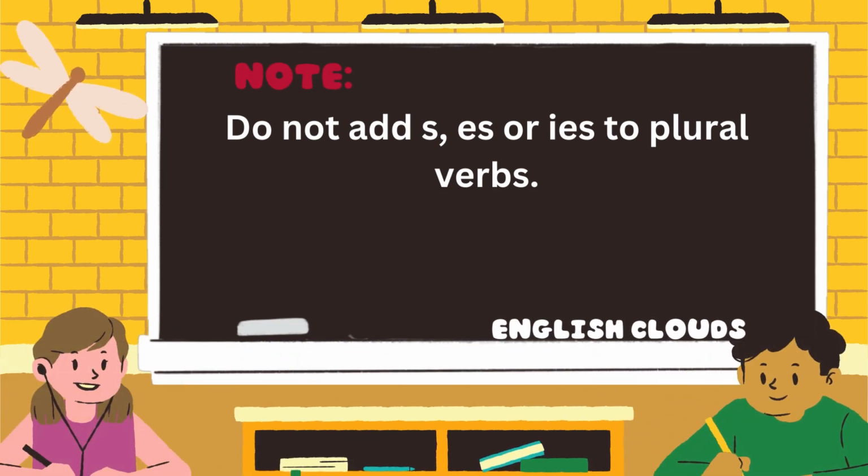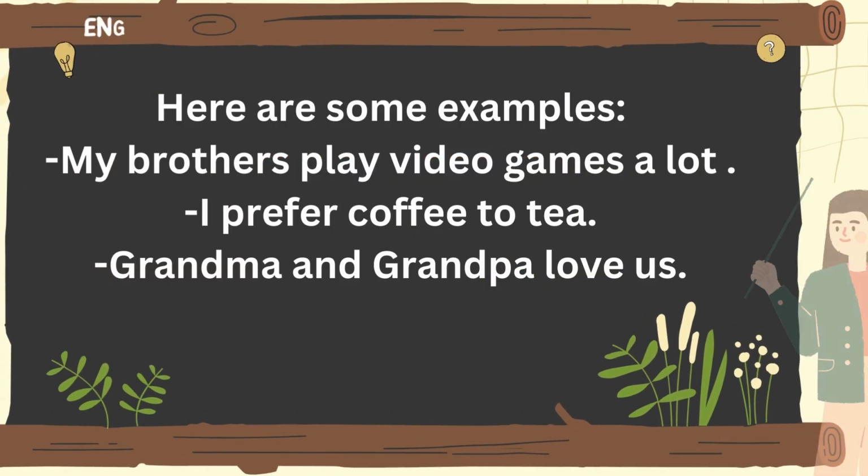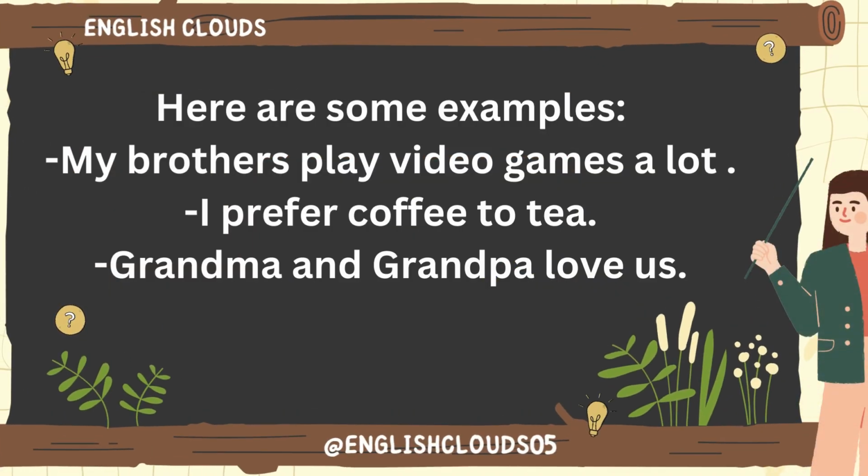Do not add s, es, or ies to plural verbs. Here are some examples. My brothers play video games a lot. I prefer coffee to tea. Grandma and grandpa love us.